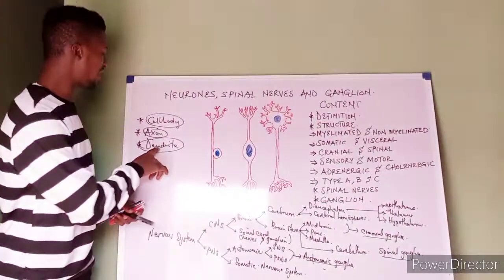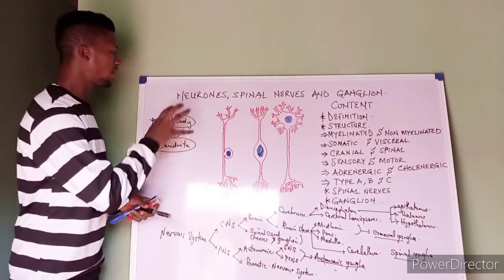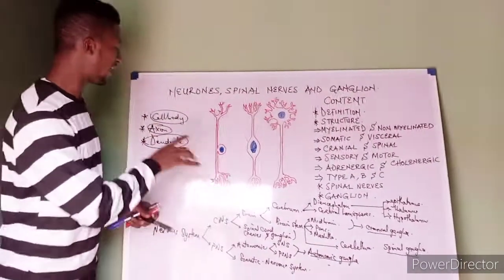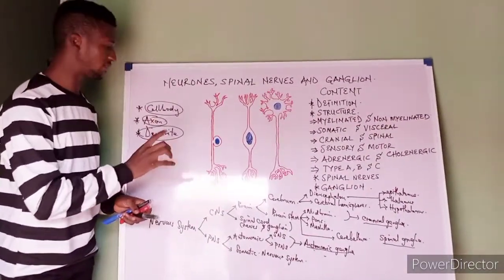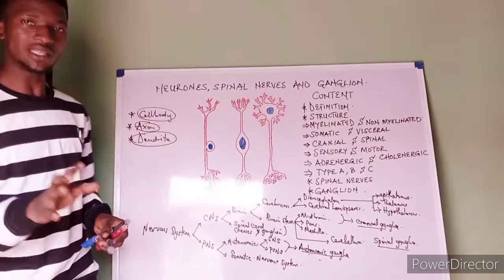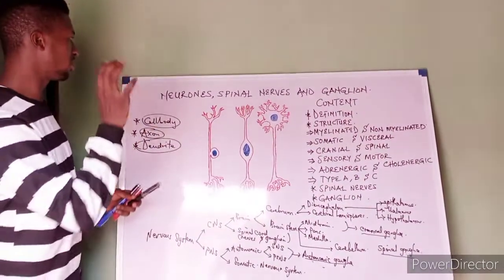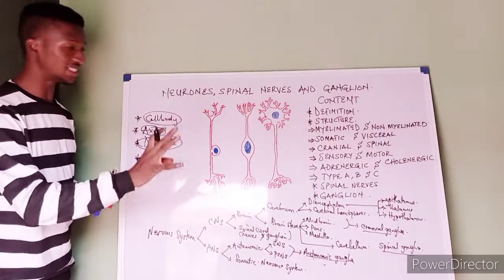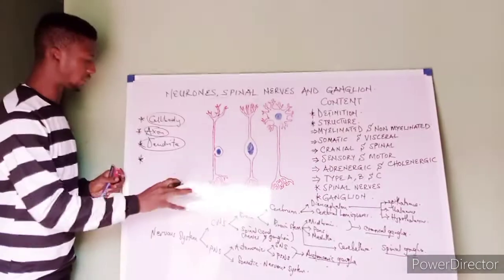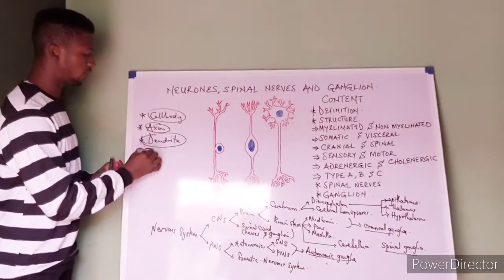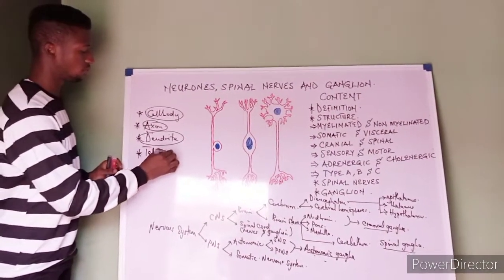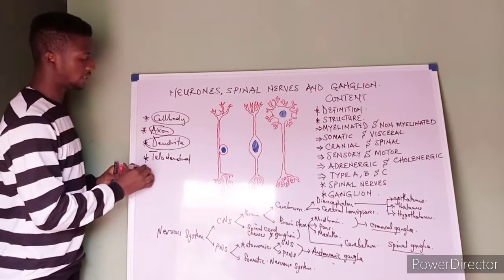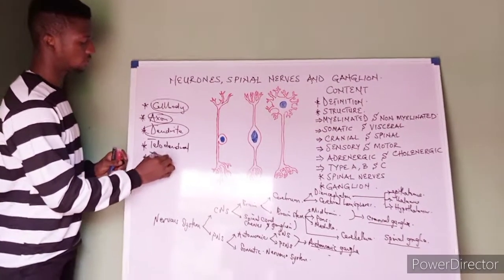These short extensions that carry impulses towards the cell body are the dendrites. There are other structures in the neurons, like the telodendria and the terminal bodies.